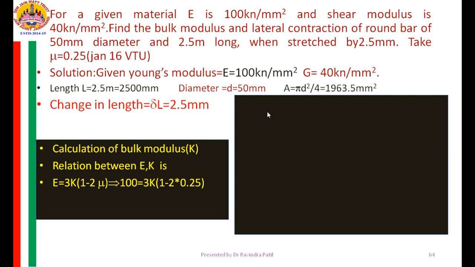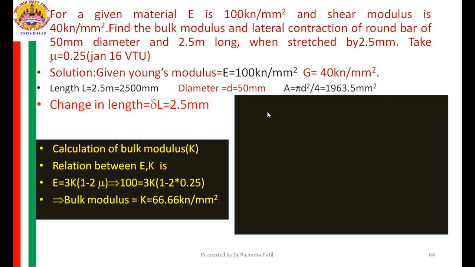So, substitute the values of E and Poisson's ratio, you will get the value of K. K is equal to 66.66 kilonewton per mm square.